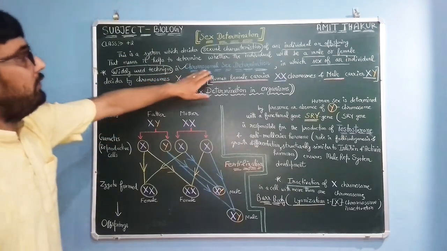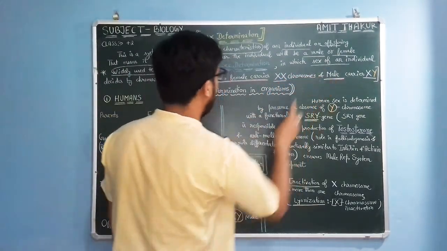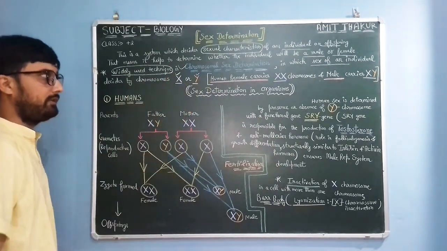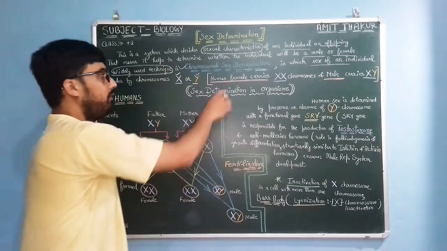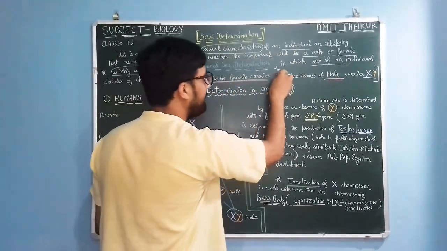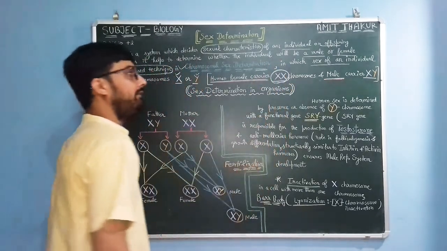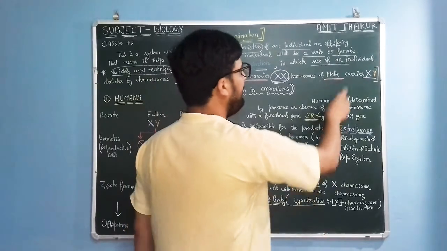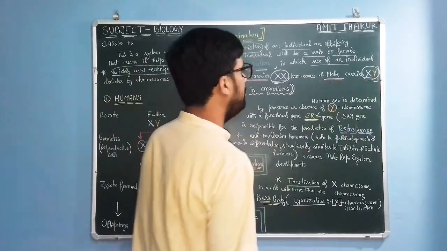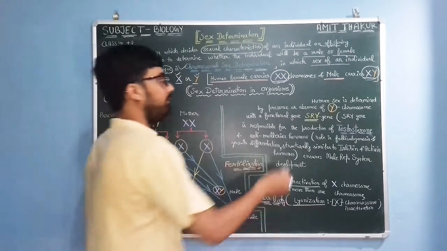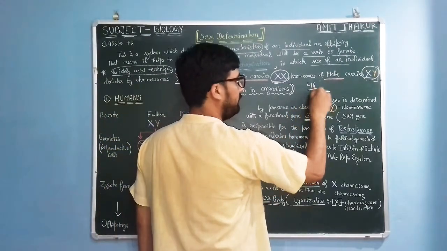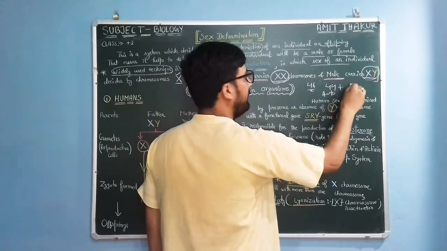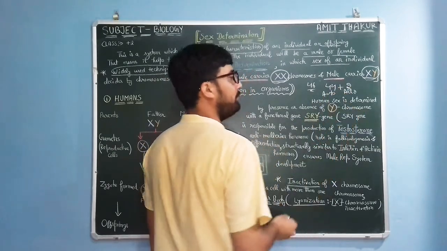So in chromosomal sex determination, the sex of an individual is decided by chromosomes X or Y. For example, a human female carries XX chromosomes, so there is a pair of X chromosomes, and the male carries X and Y chromosomes. What I told you: there are 46 chromosomes, 44 are autosomes and 2 are allosomes or sex chromosomes.